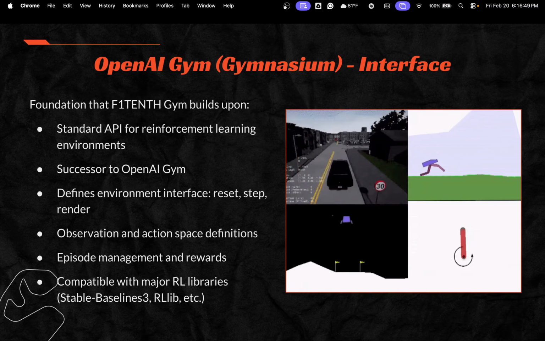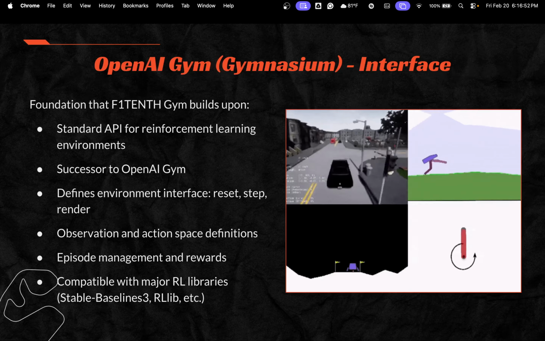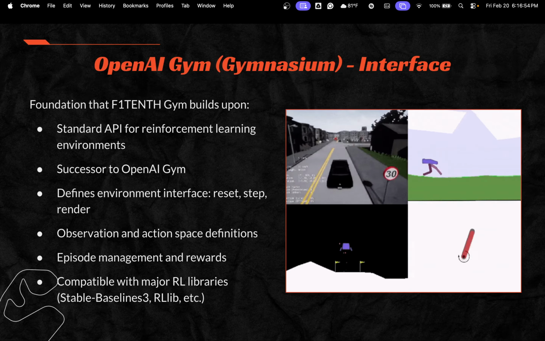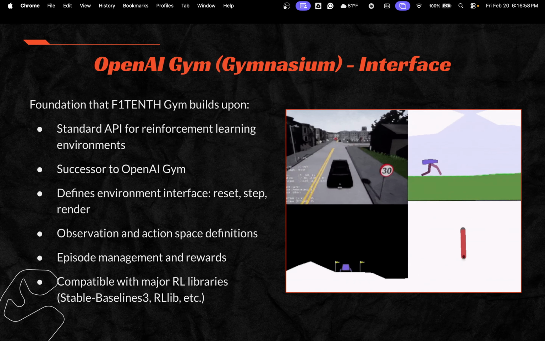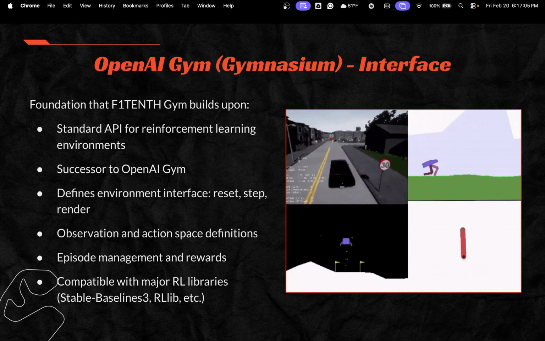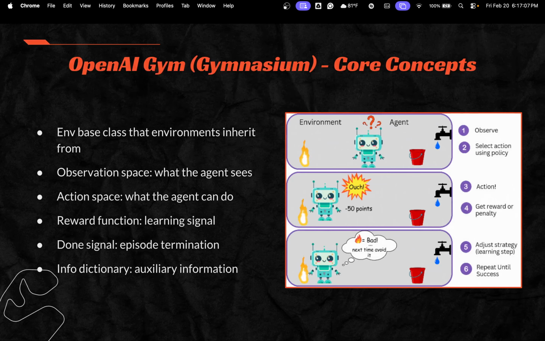It does interface with something called Gymnasium. If you're interested in machine learning, you can easily train a model to do something in that simulation. We will not go over that for this semester at least, but just letting you know in case that's something you're interested in.